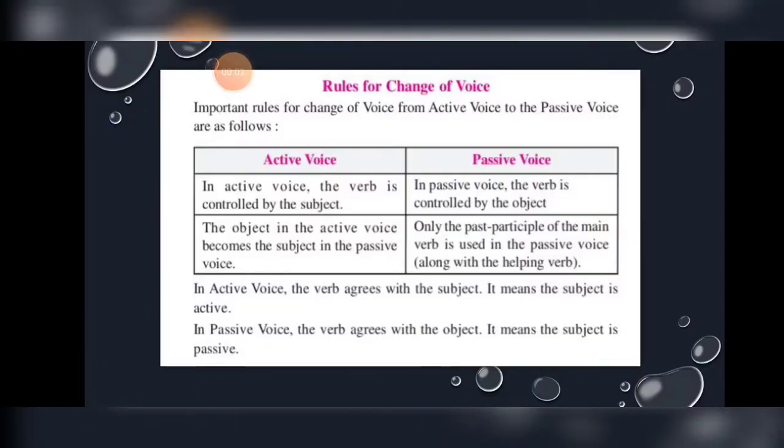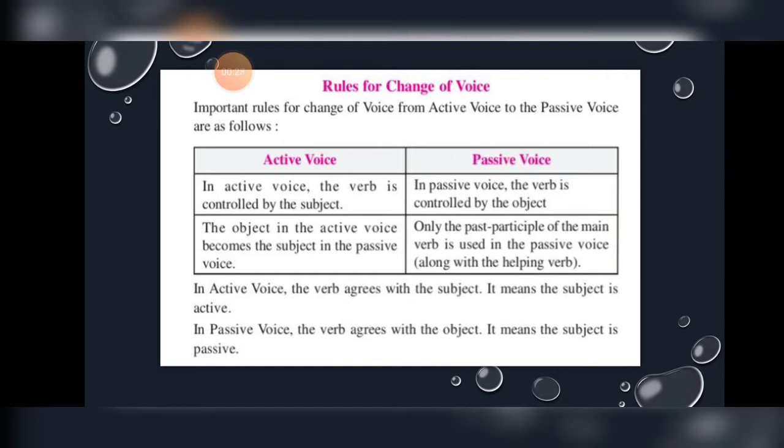On the basis of the examples that we have discussed on the board, let's check out the rules for change of voice. Dear students, these are important rules for change of voice from active voice to the passive voice. These are as follows. In active voice, the verb is controlled by the subject.